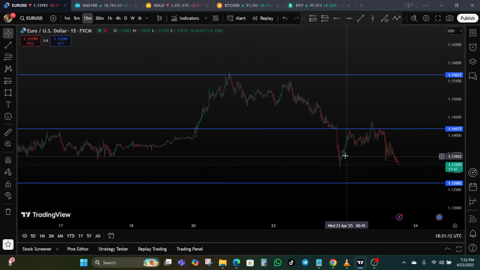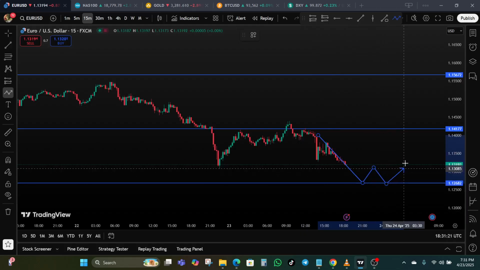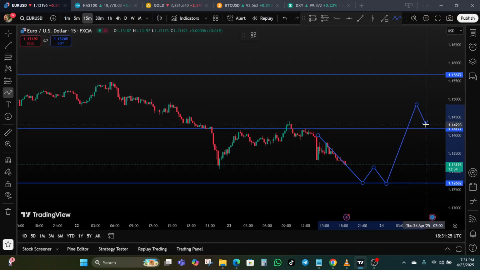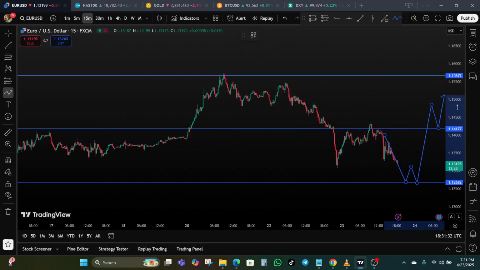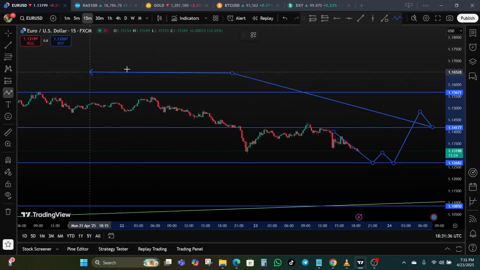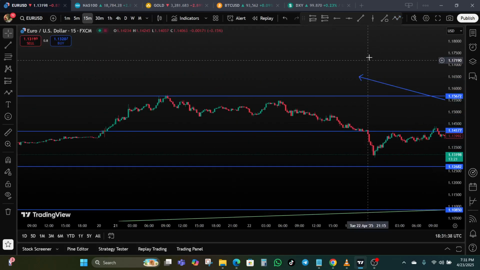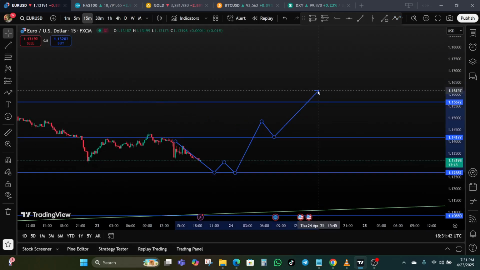We are going to be expecting price to at least come to this zone and maybe react a little and then reverse back up. So we could be looking out for a breakout to the upside and then maybe a continuation pattern.